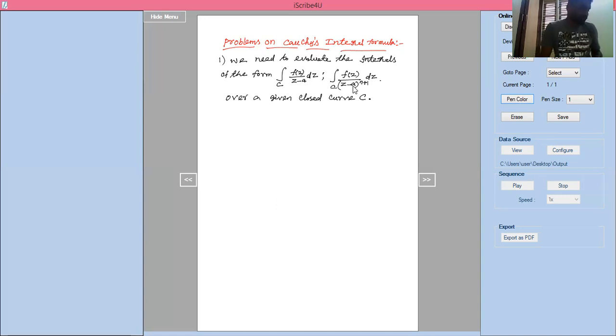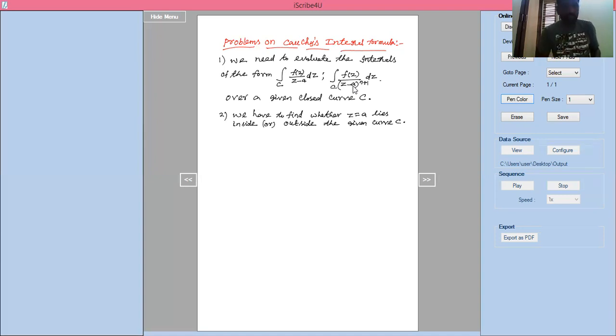Before that, first we have to find whether z equal to a lies inside or outside the given curve C. We have to find whether z equal to a lies inside or outside the curve.